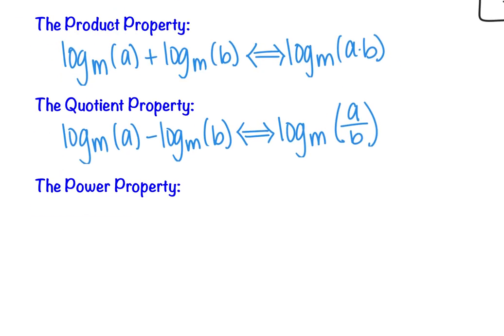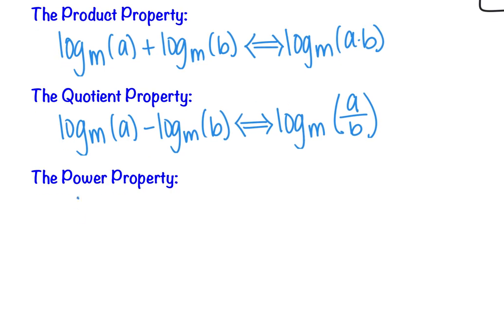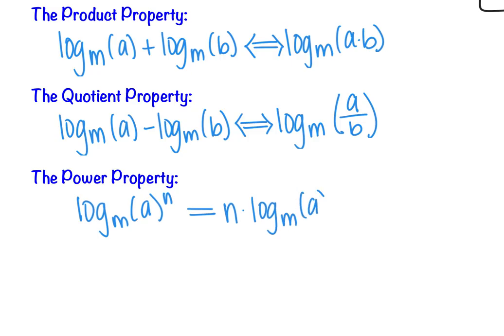Last but not least, we have the power property, which also you have seen because you've used it to solve some problems already, and that is log base m of a raised to the n power. That exponent can move down to the front, n times log base m of a.